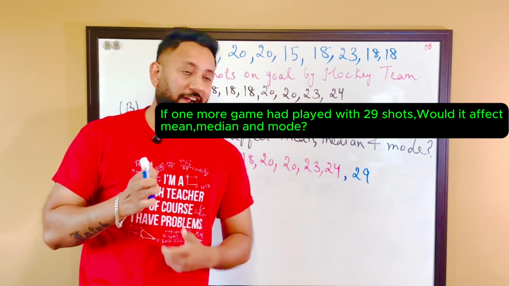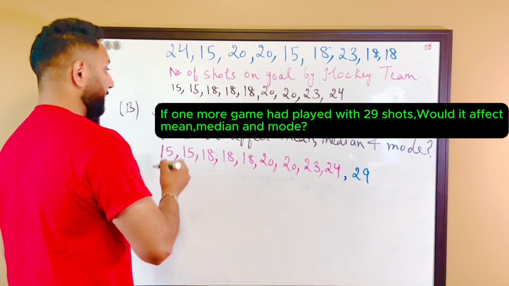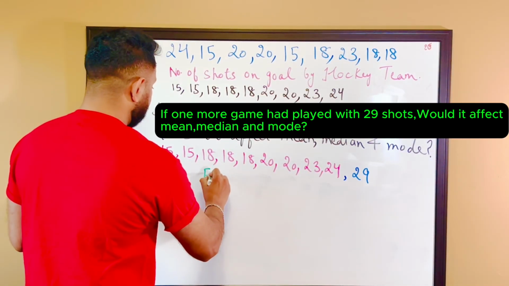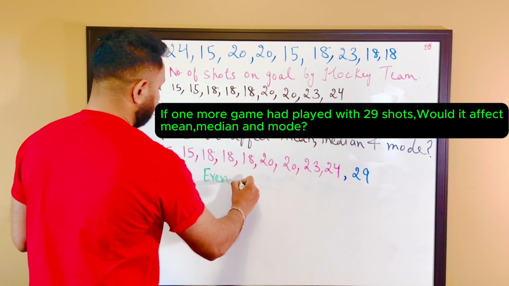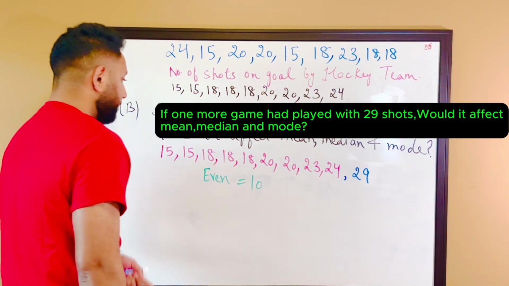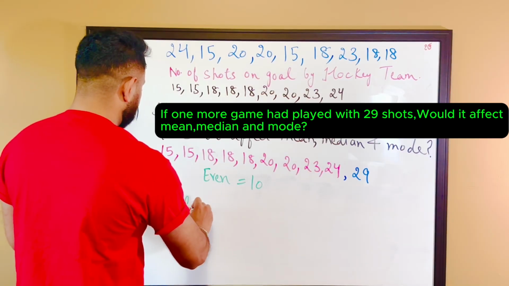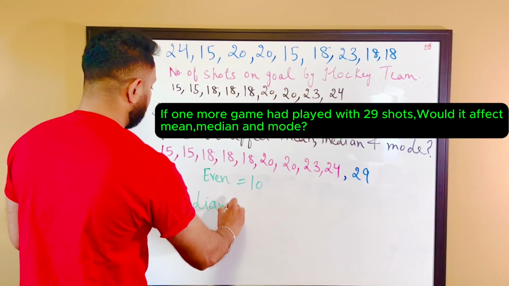So now we're gonna find our new median. As the number count is even, which is 10, our median will be the average of two middle numbers.